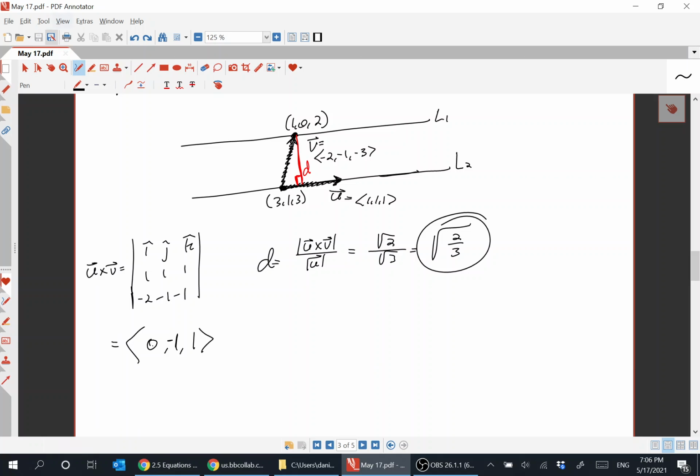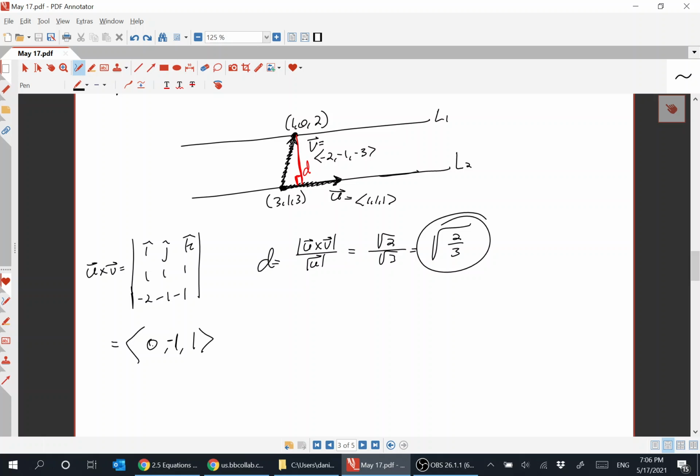I think the book did the cross of the point you did and then the slope vector, because their answer is a little bit different. That's the way I did it. I took this vector. Oh, yeah. That must be what they did. I don't know. Their answer was 2 root 2 over root 3, I think.